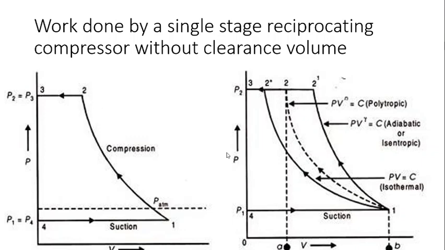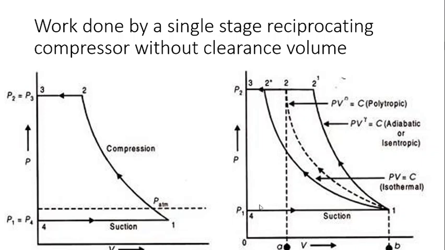The compression could be isothermal or polytropic or an isentropic process. And after the compression, there will be a constant pressure delivery stroke. Okay, so this is the cycle of a reciprocating compressor.